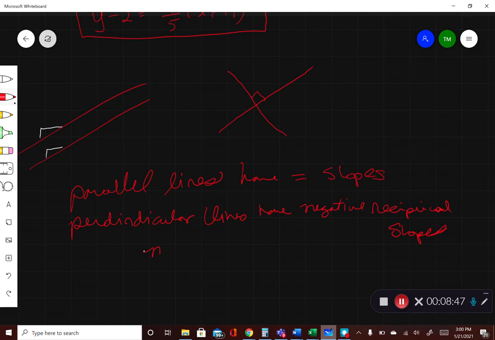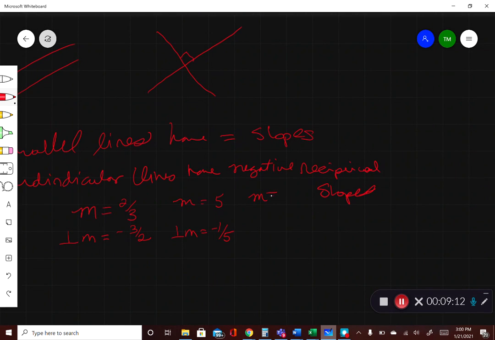So for example, if you had a slope of 2/3, then the perpendicular slope would be -3/2. If you had a slope of 5, the perpendicular slope would be -1/5. So flip it and change the sign. One more example is if you had a slope of -1/2, then the negative reciprocal, the perpendicular slope, would be 2.